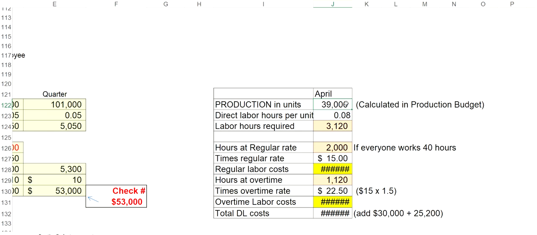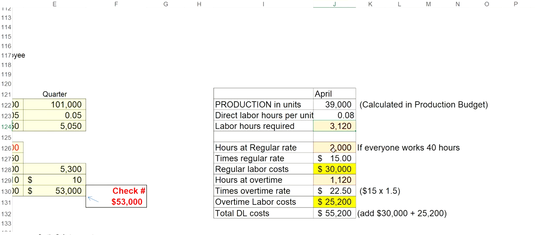And let's say April production, you came up with 39,000 units, and the direct labor is 0.8 hours per unit. So that's 3,120 hours. Now, if every employee works 40 hours, let's assume that's given to you, that would be 2,000 hours. And let's assume the regular rate is given to you at $15.